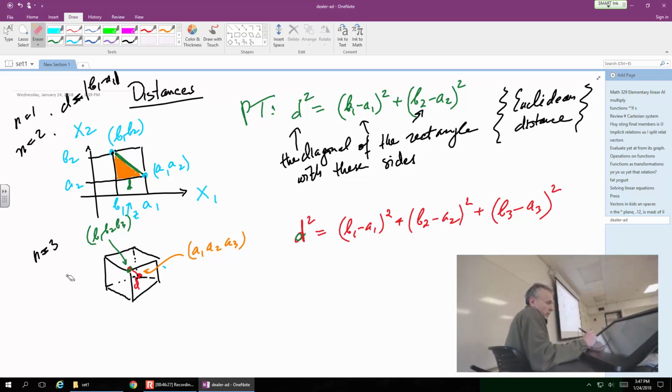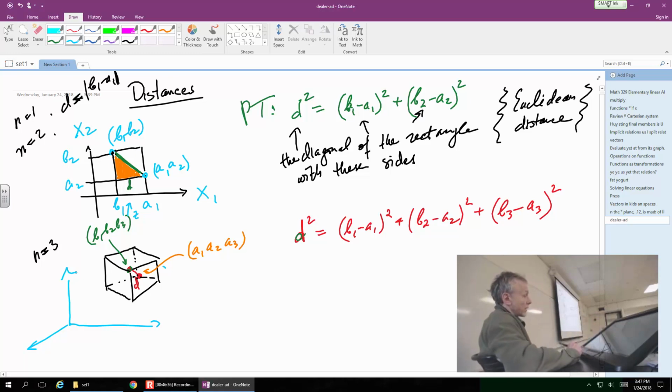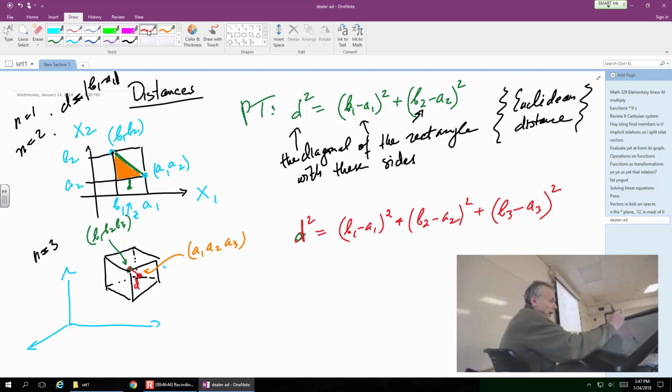Let's move them somewhere. Okay, so these are my x's, and this cube, this box, is hovering, and then each point has 3 coordinates.